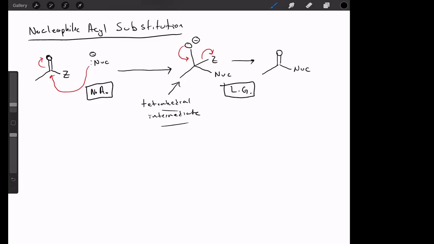But what might happen is we might need proton transfers depending on the conditions of the reaction.